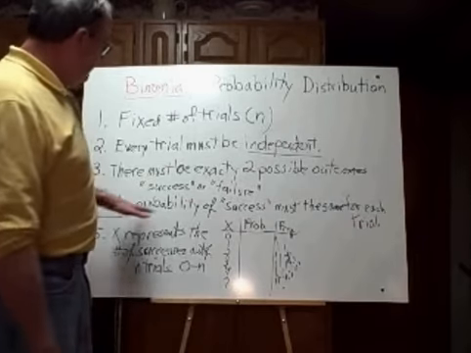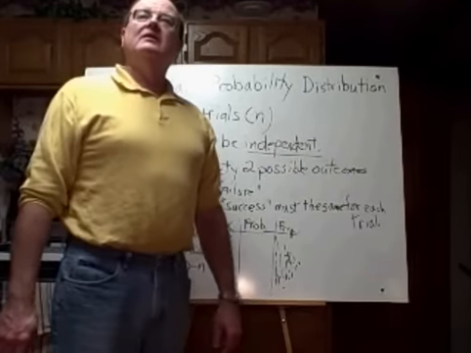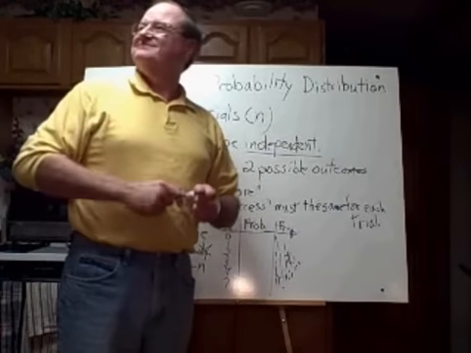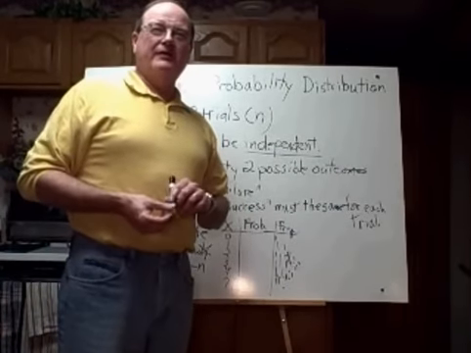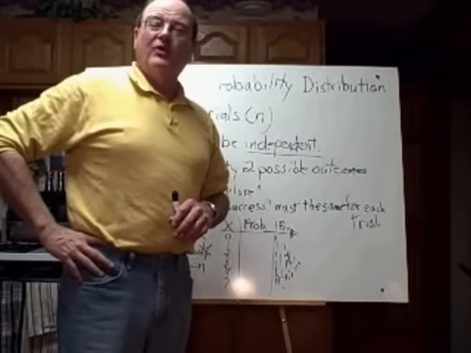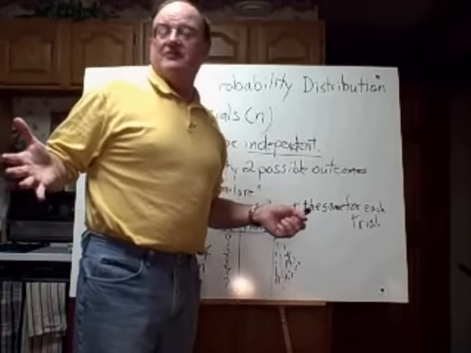Okay? And once again, the probability of success must be the same for each trial. Well, let's say I change my question to, does it have 4 doors? Do I really know what the probability is that a car going down a road, if I pick at random, is going to have 4 doors? Don't know what it is. It is some number. There is some probability. Just don't know what it is.